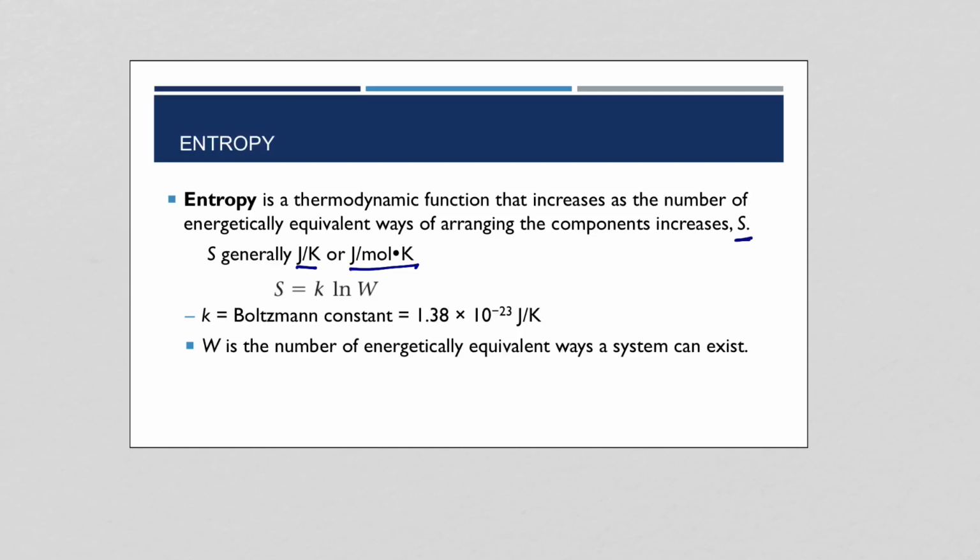Now, Boltzmann defined this concept mathematically by saying that the entropy was equal to a constant, the Boltzmann constant, times the natural log of W, where W is the number of these energy equivalent ways. And to connect back to this order or randomness, right? The more random a system is, the more possible arrangements it has, the more energy equivalent ways to arrange it.